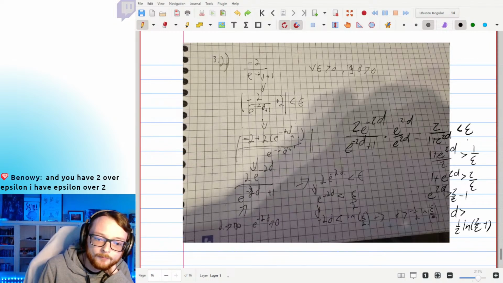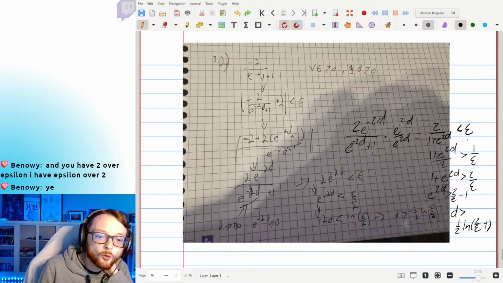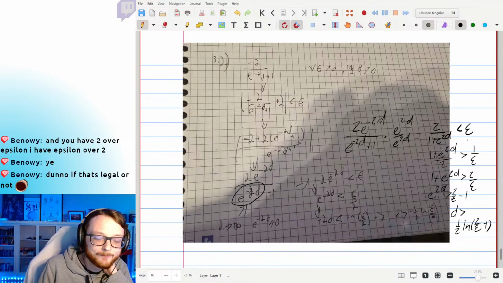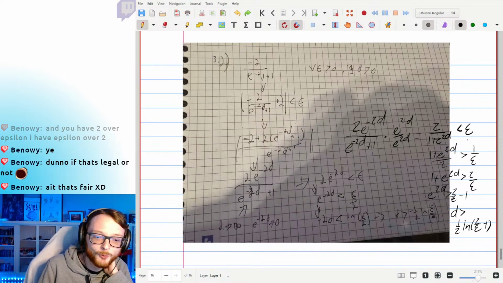Oh, you let only that e to the -2d go to infinity? I think that's a bad step. I don't think you should be taking a limit to infinity as you're doing an epsilon delta proof. I don't think that's legal. I would do the thing that I wrote over here, because you're just defeating the purpose of doing an epsilon delta proof.